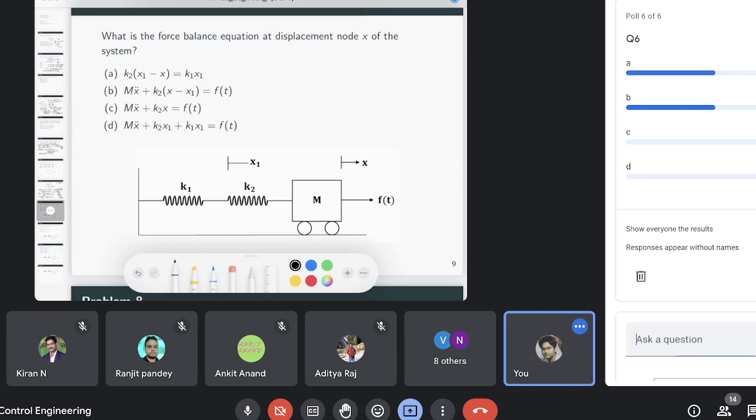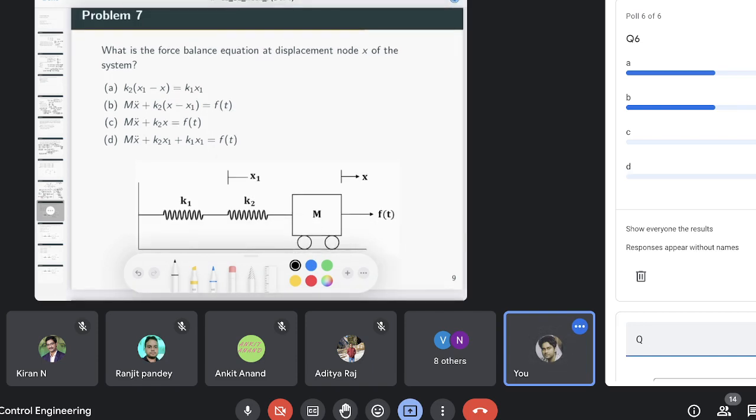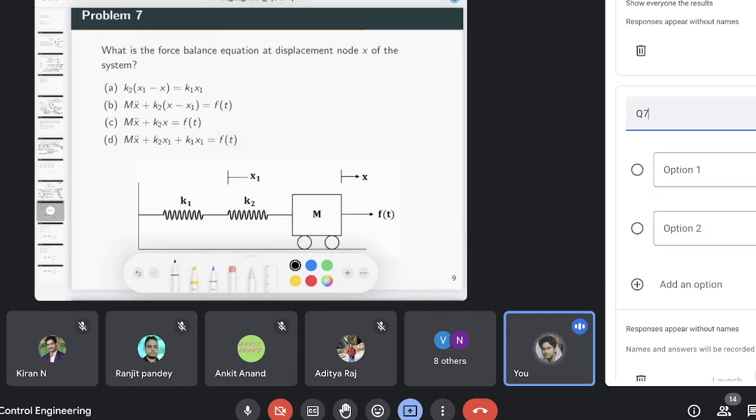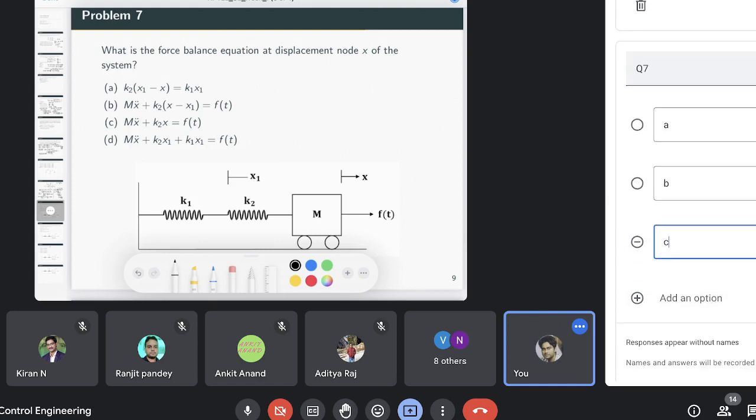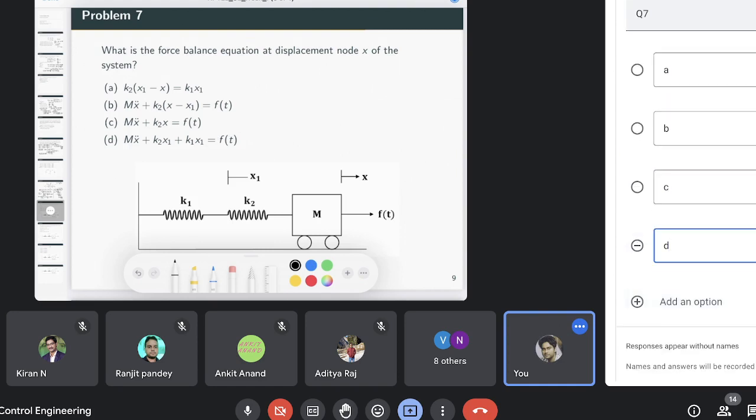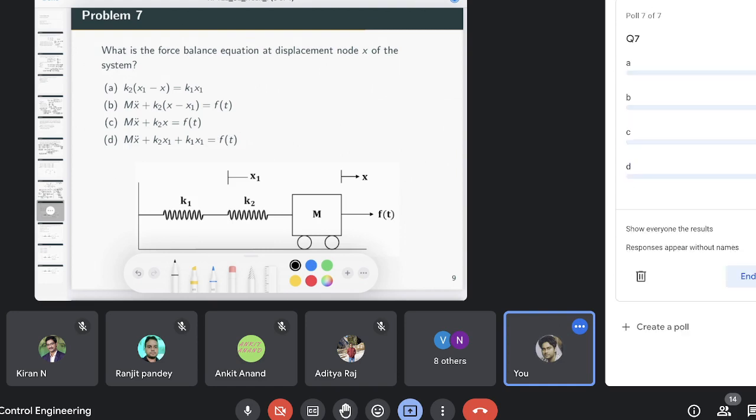Okay, so this is question 7. So okay, again you can answer through a poll. Okay, so you can see the poll and I can answer. So again this is very basic question.